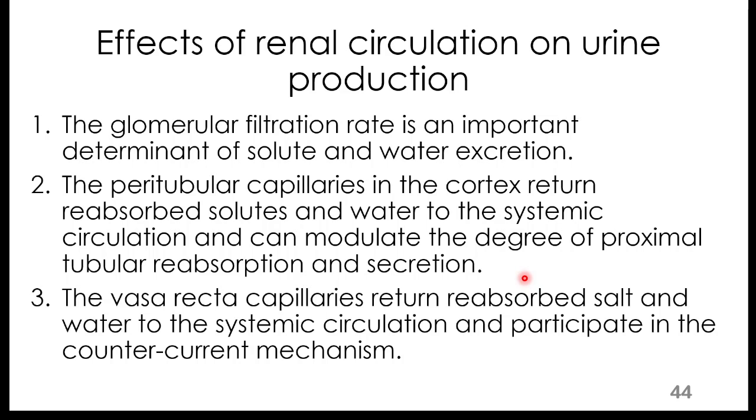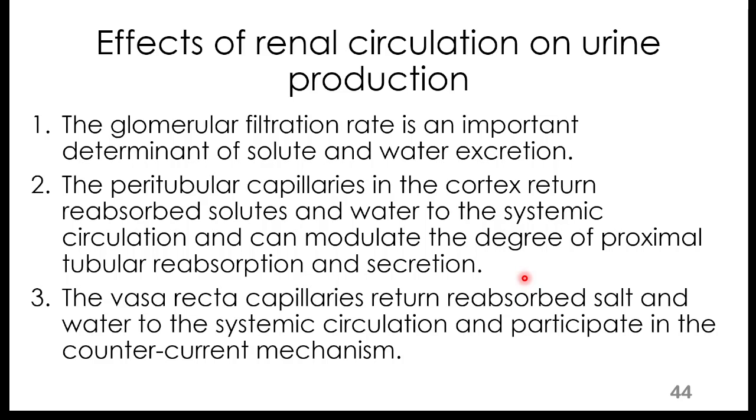All right. Now, it stands to reason that we know that the filtered plasma from the blood in the glomerular capillary is what we refer to as urine. Of course, immediately after it is filtered, it still undergoes several processes before it gets down to the bladder for excretion, right?